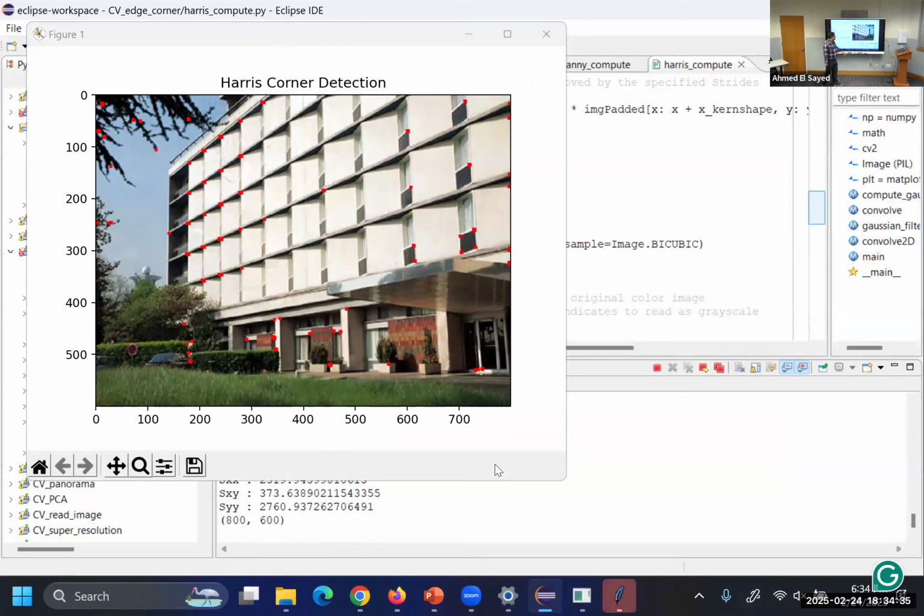What are the parameters that determine the corners in the image? If I want to increase the number of corners, what should I do? Yes. Decrease the value of the sigma used in the first step, this Gaussian process.